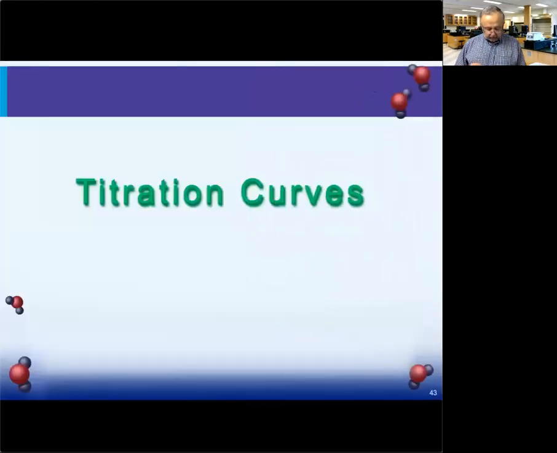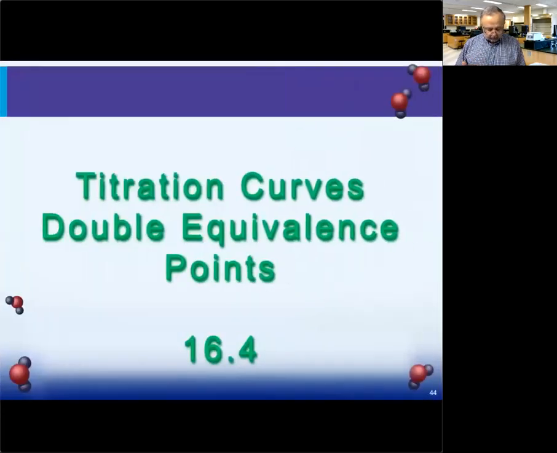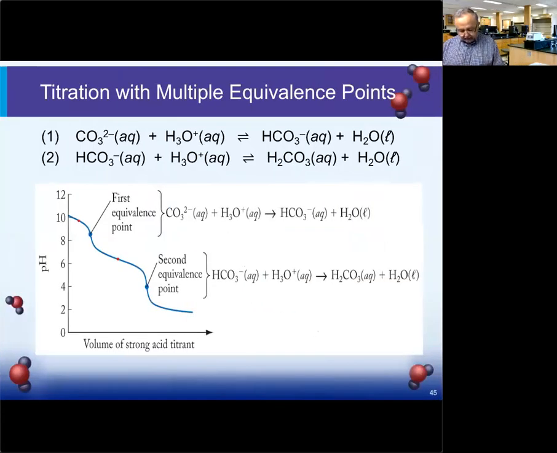So let's again look at the titration curves for polyprotic acids. That means that when we look at titration curves, we're going to see the following. Here we have a base. So here we're starting with calcium carbonate, and we are reacting it with H plus, or hydrogen ions, to form bicarbonate in the first step.